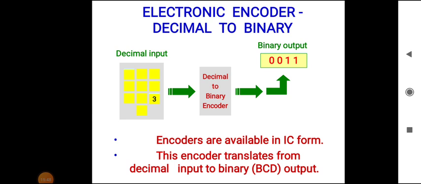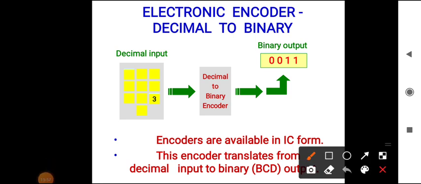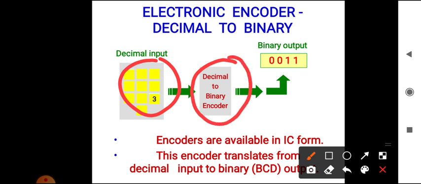See, the electronic encoder, that is decimal to binary. I will show here. Suppose we give an input, 3, a decimal input. 3 is the decimal number, and this decimal to binary encoder will convert it into a binary number, and we will get 0011. So 3 is the decimal number and 0011 is the binary number.